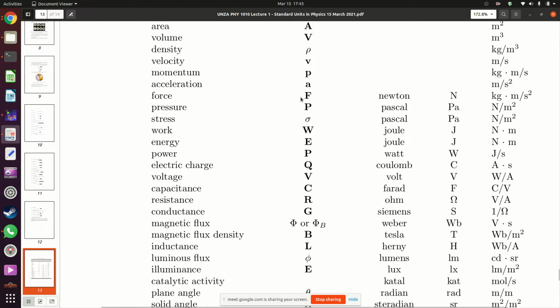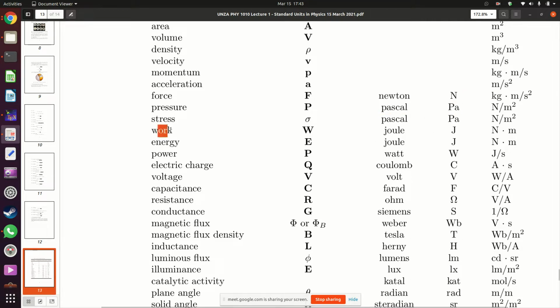For example, force, the unit of force is the newton, and pressure, the unit is the pascal. Stress, pascals. The newton's symbol is capital N. Pascal is Pa.